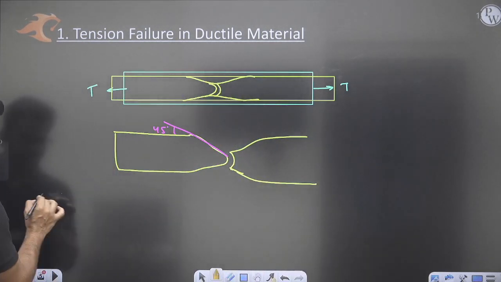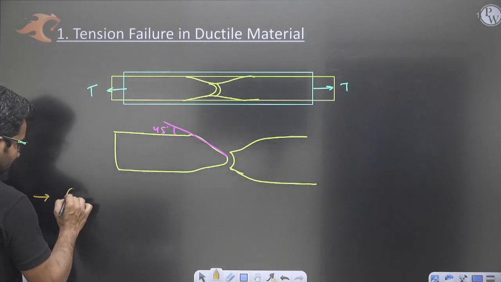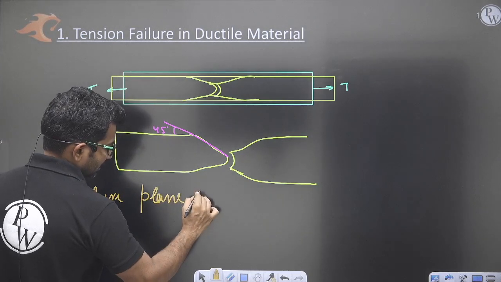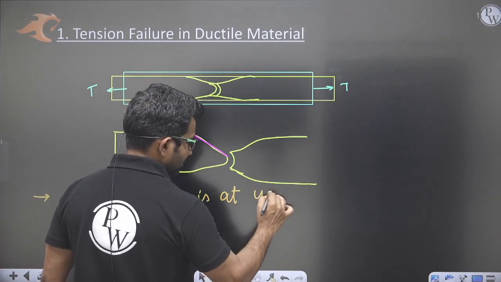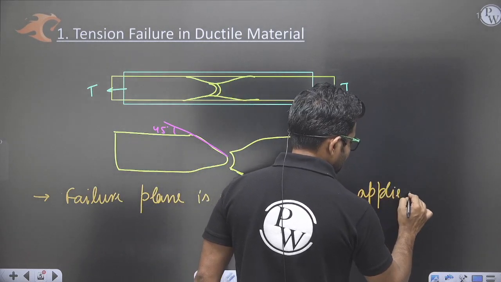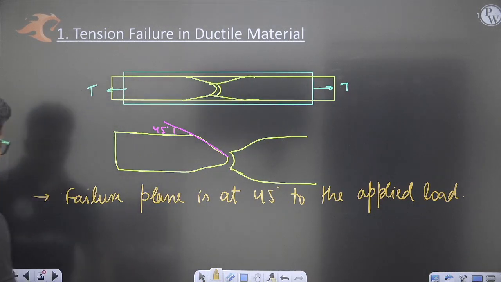So let us write down some points. The failure plane is at 45 degrees to the applied load. Failure is because of shear.